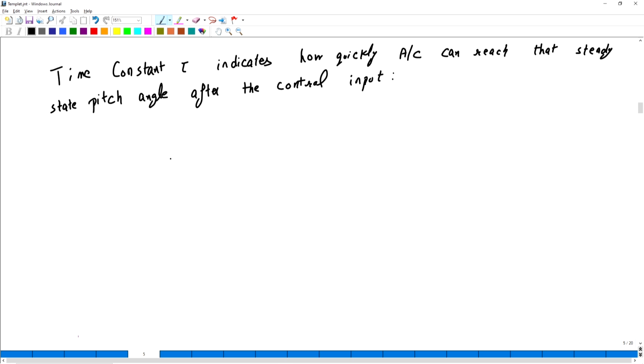Hence, we can infer that both k and tau are important parameters for defining aircraft control systems.